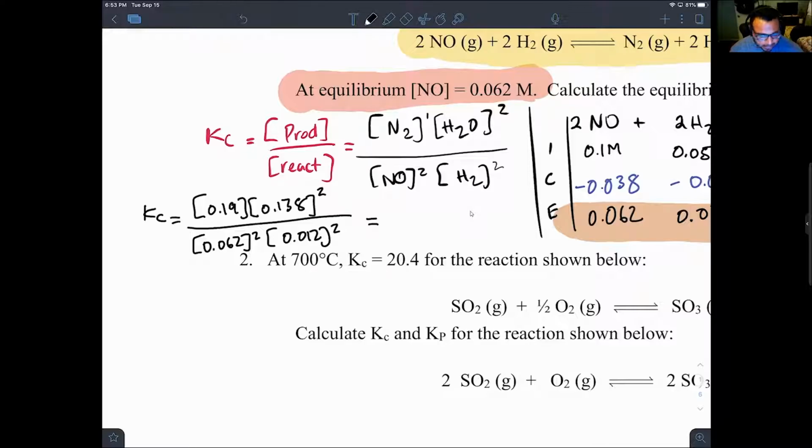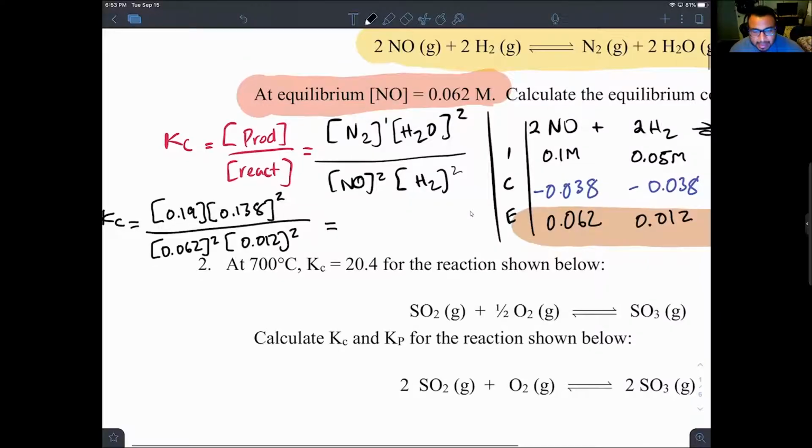Okay, so I plugged that in, and the value that was shot out is 6536.8. And then we just need to accommodate it for significant figures, which there happens to be 2. So then my K is going to be equal to 6,500.